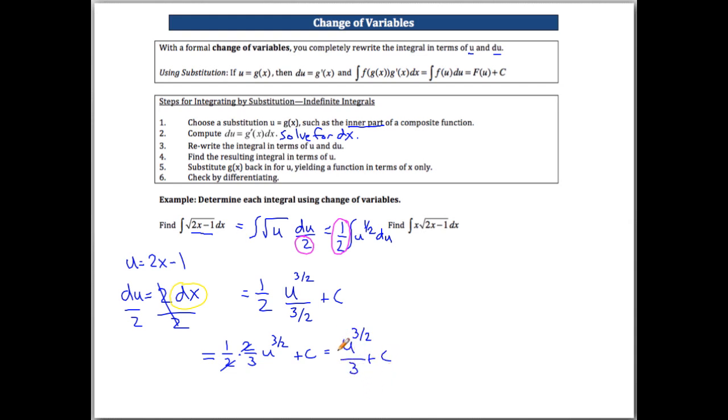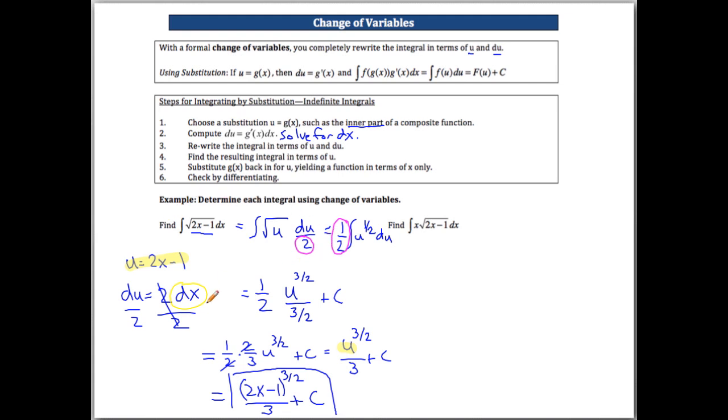And then the last step is to substitute u into your final integral. Remember, u is 2x minus 1, so we're just going to substitute that back in. So final answer, 2x minus 1 to the 3/2 over 3 plus c.